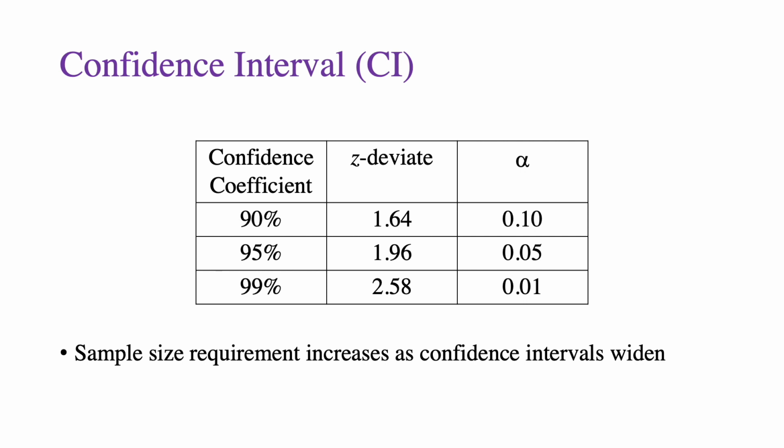We will be talking about alpha and beta errors in the next lecture. So for now, what you need to remember is that the default we use in medical research is the 95% confidence interval, corresponding to an alpha error of 0.05 and a z-deviate of 1.96. If you desire a wider confidence interval, then you will have to increase your sample size requirement.